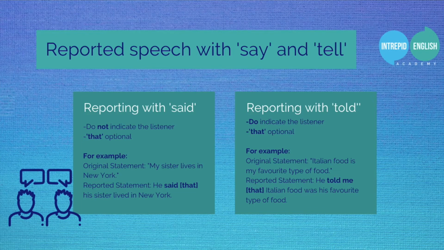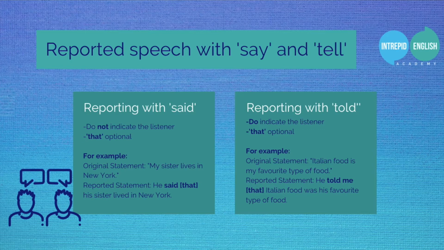You can just say something, you can say it aloud. I'm saying it now, I don't even know who's listening to this, but I'm saying something. With tell, or told in the past, you need to have a listener there, okay? You can tell somebody something, but you can say something.